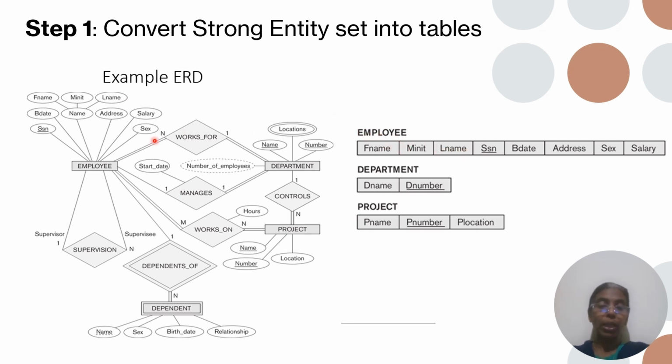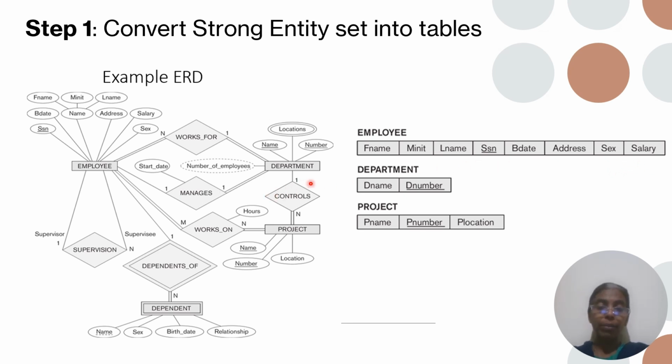The entity name Employee becomes the table name, and the attributes first name, middle name, last name become the attributes. And then SSN, that is the primary key, so we have underlined it. Then B date, address, salary, and sex. These are the simple attributes we added into the table.